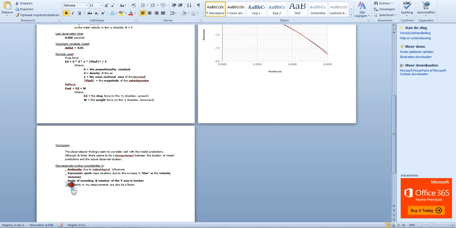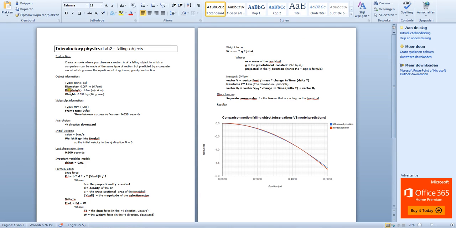Now there are also uncertainties in the measurements. They are also a factor because I measured the height at 1.8 meters, but I couldn't be sure, so I set a plus or minus 4 centimeters there. And these effects cannot be underestimated.